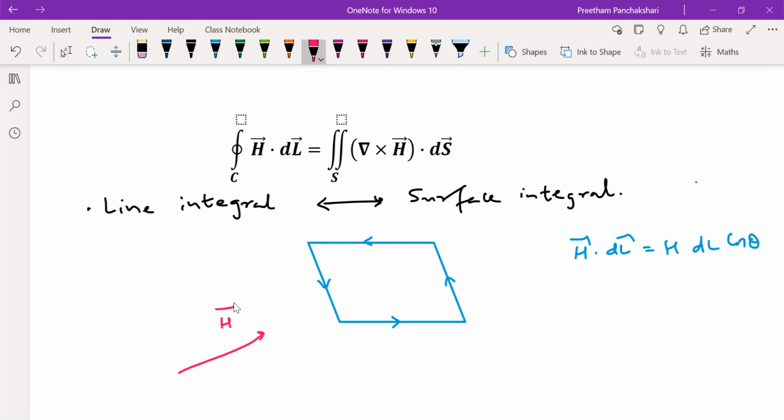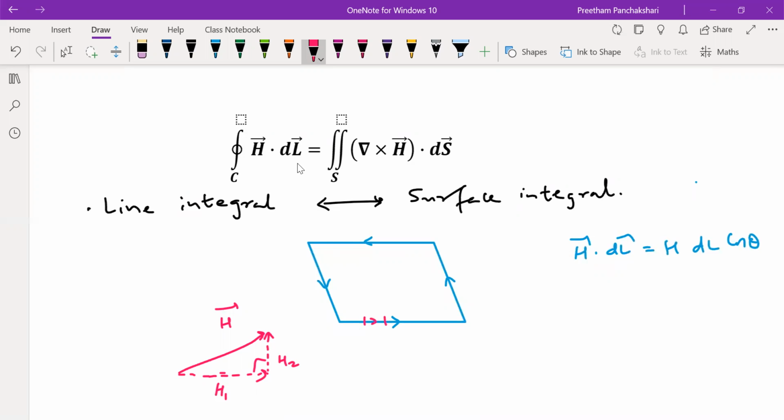So any vector H which is oriented in an arbitrary direction can be split into two components, which are perpendicular to each other. Let us say H1 and H2. Any one of these components which are parallel to the path, so let us say this is the path chosen.